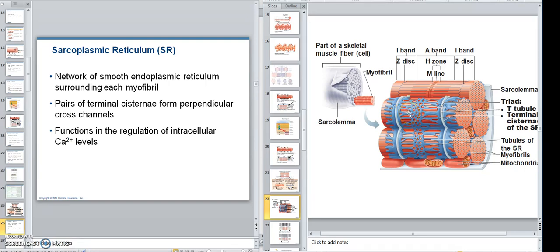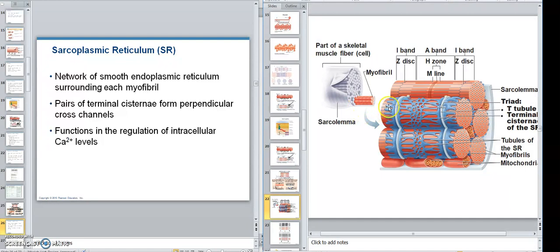Now, the lumen of the sarcoplasmic reticulum is called a cisternae. I brought that up before as a word in the cell chapter. Cisternae is a Latin word for box or chest. So inside here would be a lumen, and at the end of that lumen would be the termination of the box or chest, so the terminal cisternae. But remember, it's a maze.